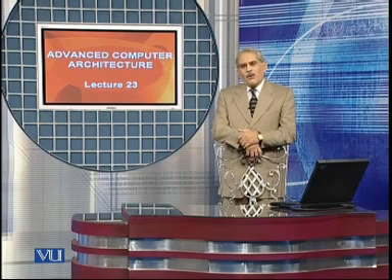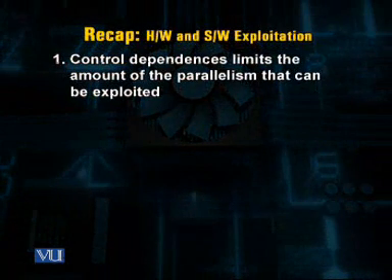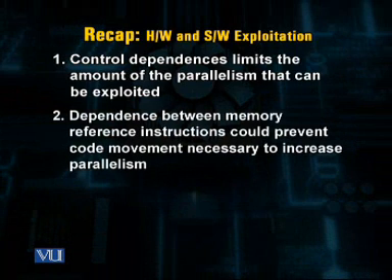However, otherwise the parallelism could not be completely exposed at the compile time. This is due to the following two reasons. Number one, the control dependence, and number two, the dependence between the memory reference instructions.